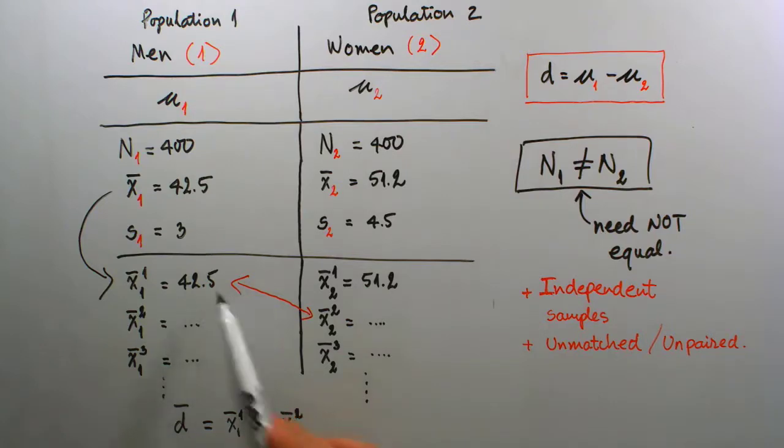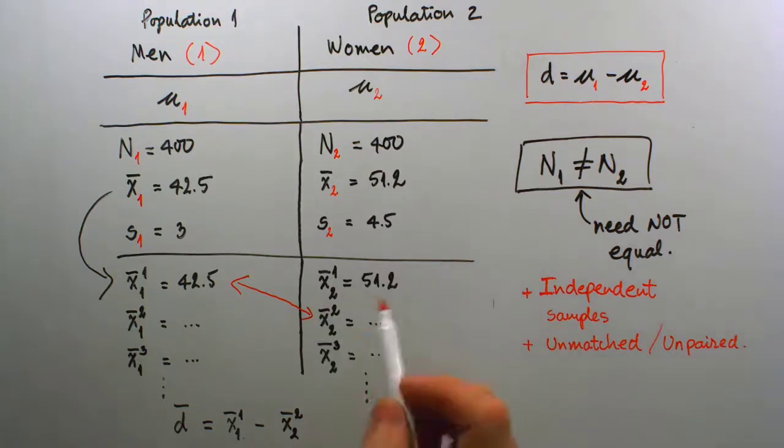Just pick any two random samples from two separate populations and subtract them. Again, pay attention to the order of the subtraction right here. The value that came out from population 1 comes first before the subtraction sign, and then the value that came out from population 2 comes after the subtraction sign. And so we can also have another difference.